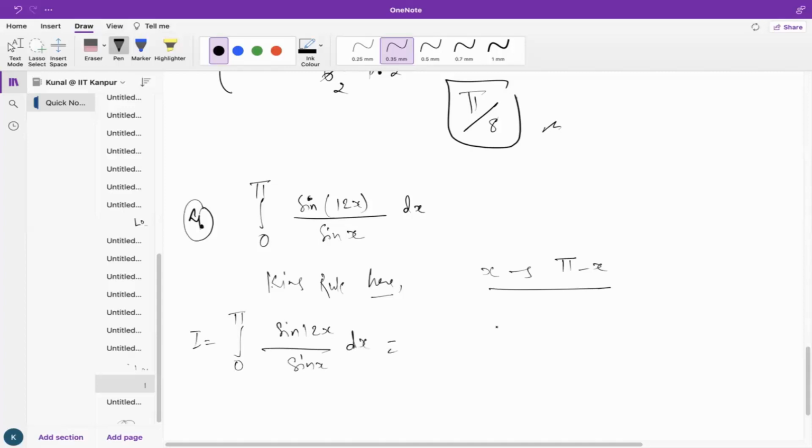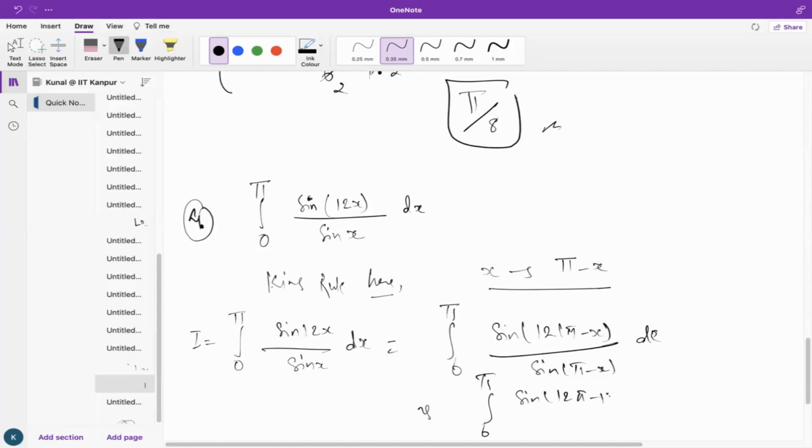And I just write 0 to pi, and I write sine of 12 times pi minus x, divided by sine of pi minus x, dx. I hope you all understand what I'm trying to say.